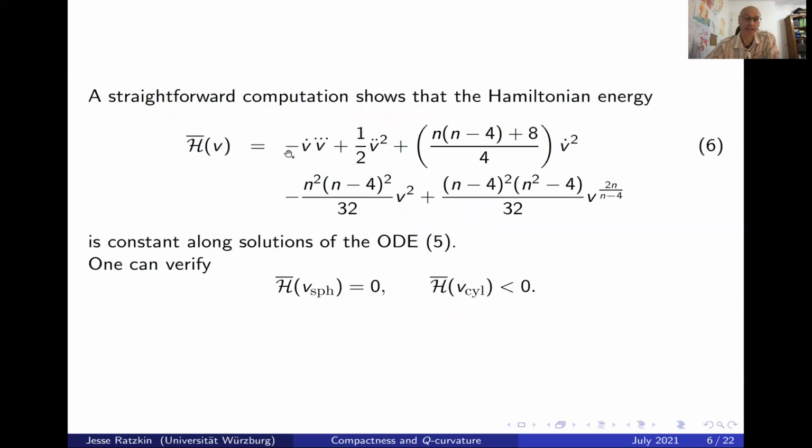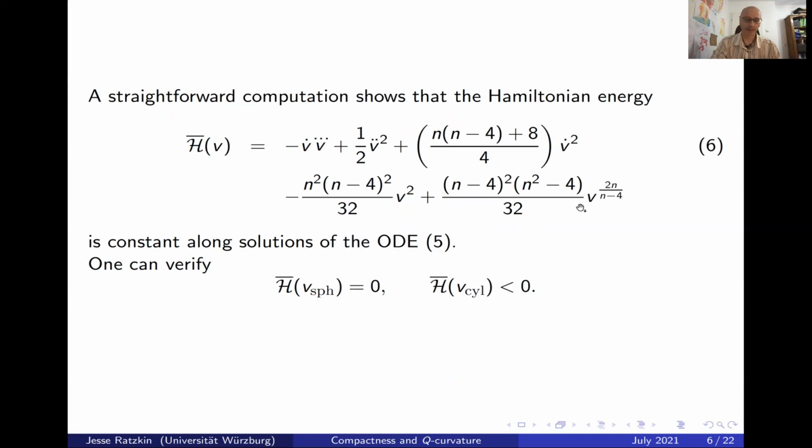You can verify that by just taking a derivative of this right-hand side here, and you'll obtain v dot times the ODE, essentially. It is also a very straightforward computation to show that the spherical solution has Hamiltonian energy 0, while the cylindrical solution has a negative Hamiltonian energy.